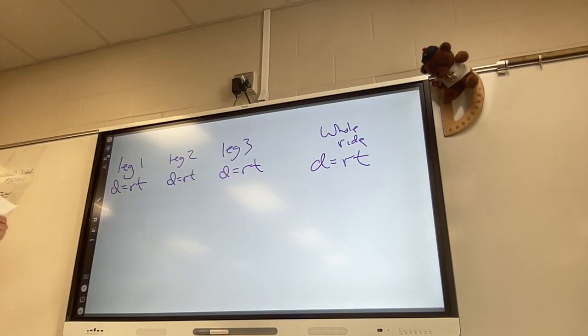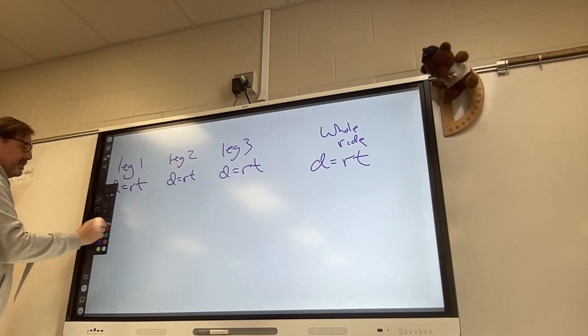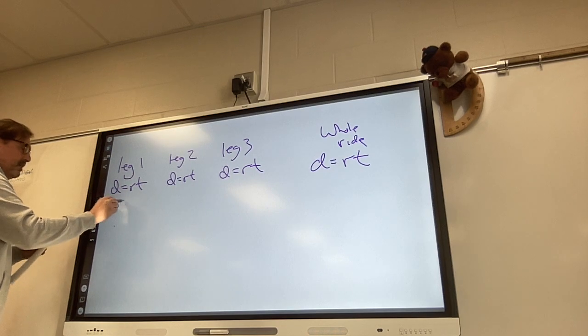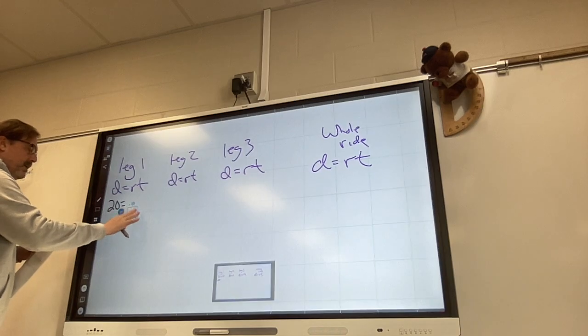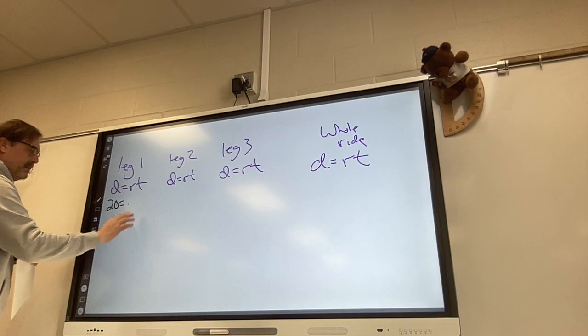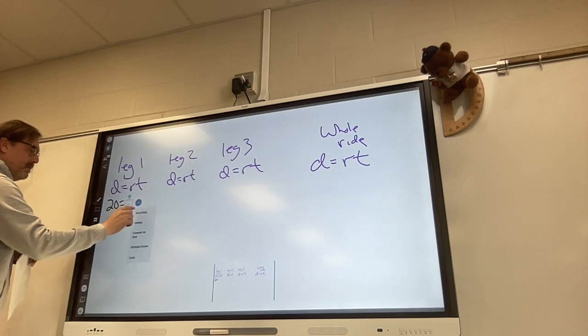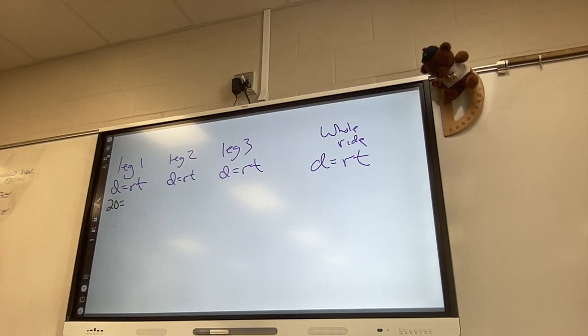All of them will have the formula distance equals rate times time. All right, leg 1. We have 20 miles at 23 miles per hour. Distance 20 miles. Rate was 23 miles per hour. Got a question? Do we have to know the formulas? Distance equals rate times time, yes.